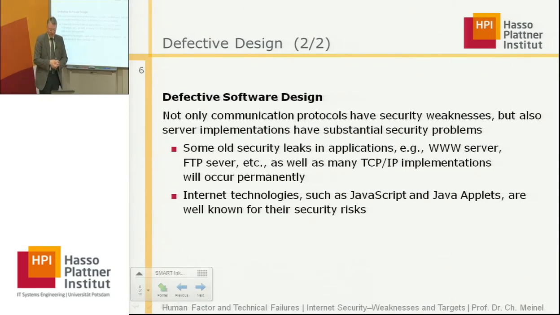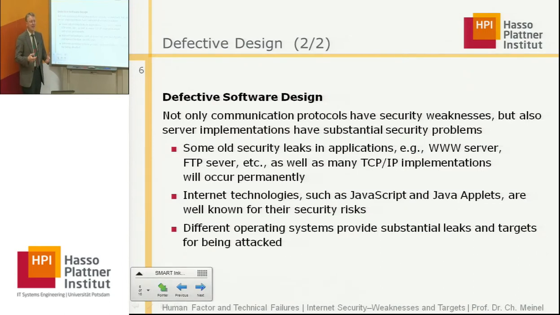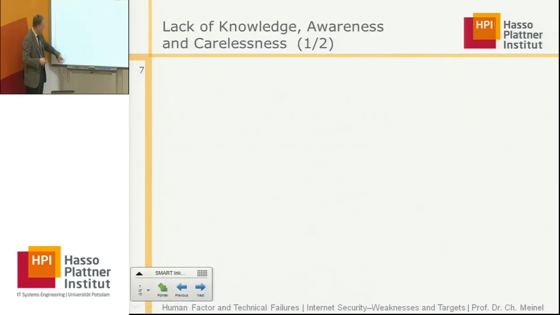Internet technologies such as JavaScript or Java applets are well known for their security risk. For secure applications, you have to switch off JavaScript, because otherwise there are known possibilities to misuse some of the features provided by JavaScript. There are different operating systems that have serious security leaks and so provide targets for attacks. Also this we will consider later on in more detail.